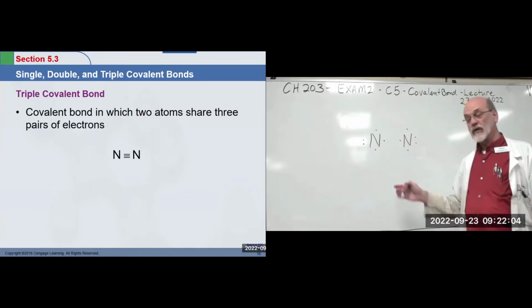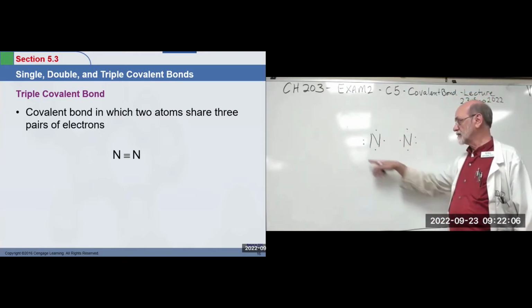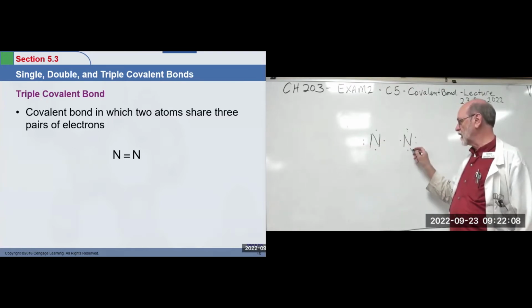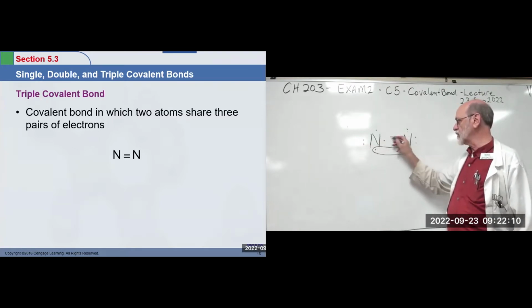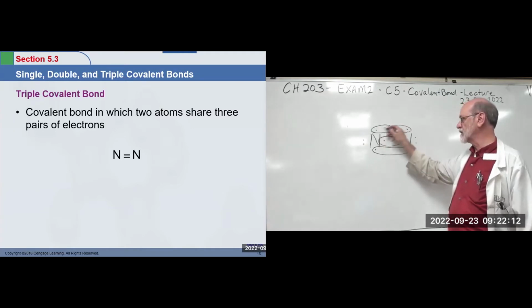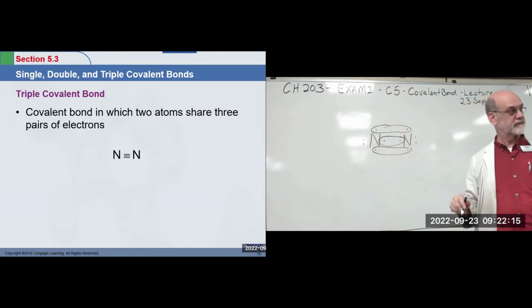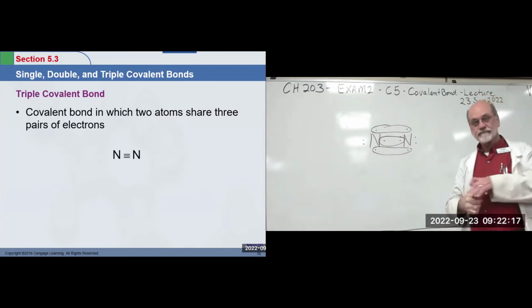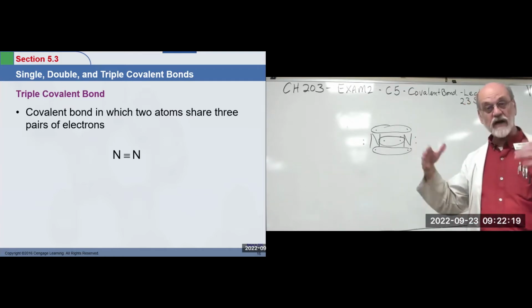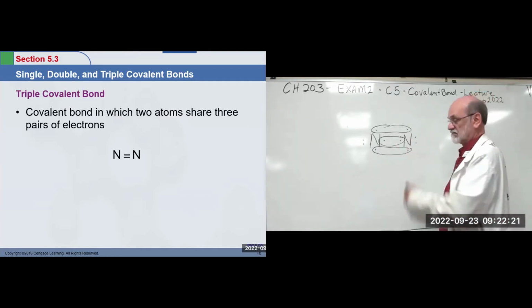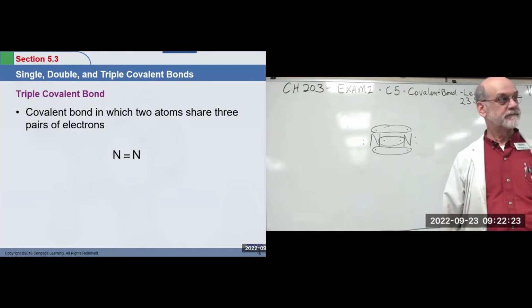Okay, so these are unpaired electrons. There's one lone pair, one lone pair. You can form a bond between these 2, between these 2, and between these 2. So there's your triple bond. And we can do this logically with just Lewis diagrams.